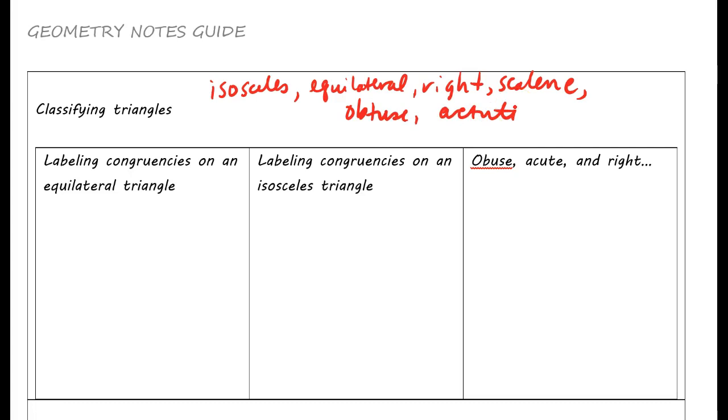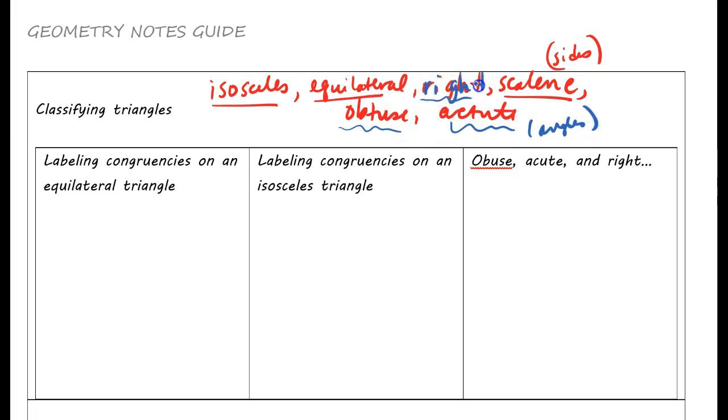Okay, so here's the thing, and I should have color-coded these. These three, you'll be able to choose one of these three, isosceles, equilateral, and scalene, and that's going to talk about the sides. So the ones that are underlined talk about the sides of a triangle, and then the ones that are in blue, these three right here, are a way to classify the angles of a triangle, okay?